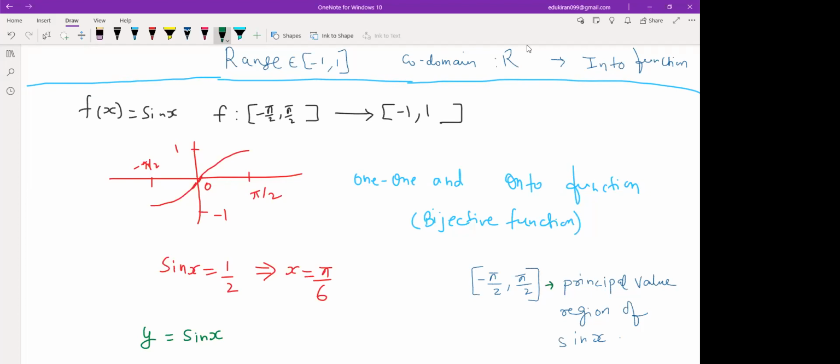Sir, here for values 1 to minus 1, we are selecting one branch. Yes.